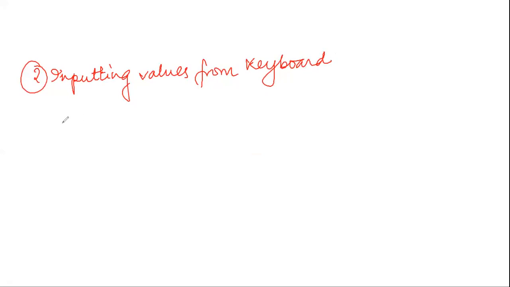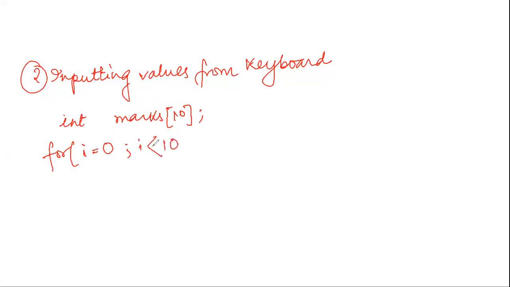So for this, suppose first I will have to declare my array, and then I will have to use a loop. My loop will start from 0. It will go on till less than 10, because the array index will be from 0 to 9.